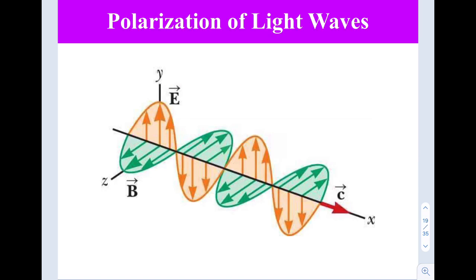This can be considered as schematic diagram of an electromagnetic wave propagating at velocity c in the direction of positive x. The electric field vibrates in the xy plane and the magnetic field vibrates in the xz plane.